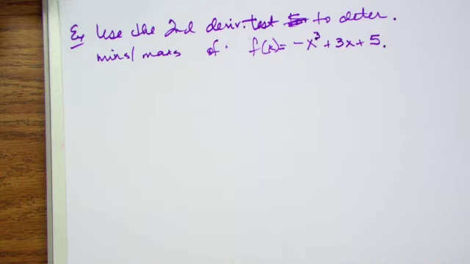Okay, so you may be asking yourself, why would I use the second derivative test if I can use the first derivative test, and that's easy for me? That's fine, but for some people, they really like the second derivative test, and you can see it here.